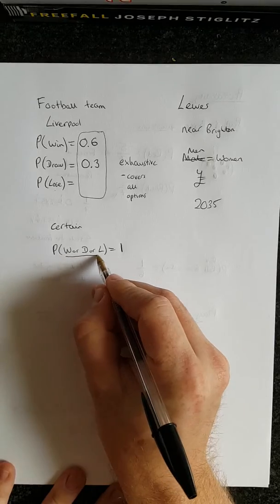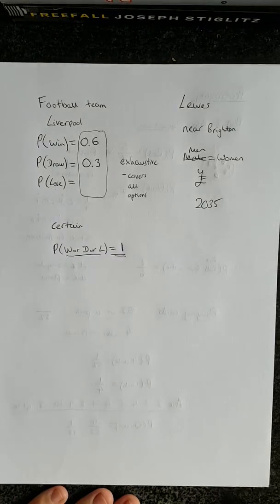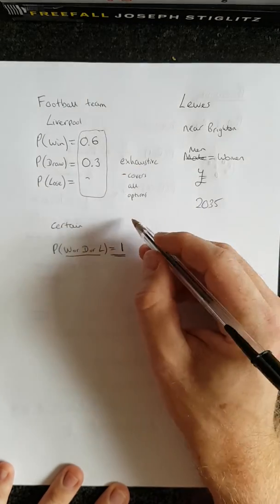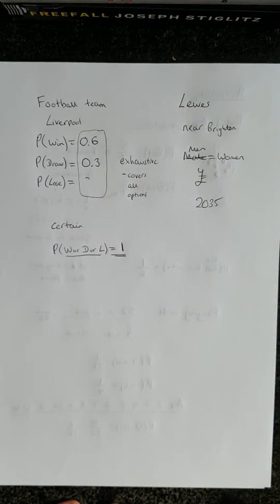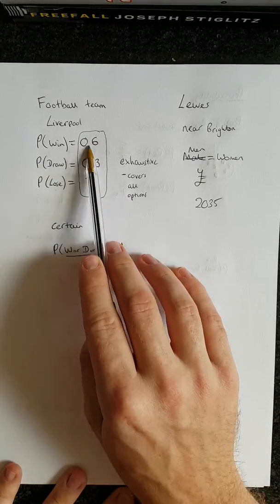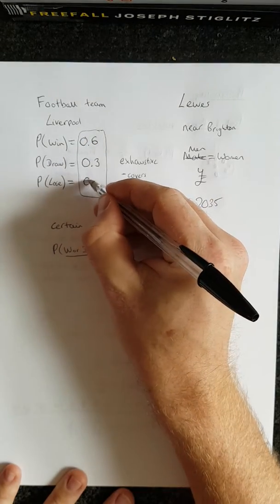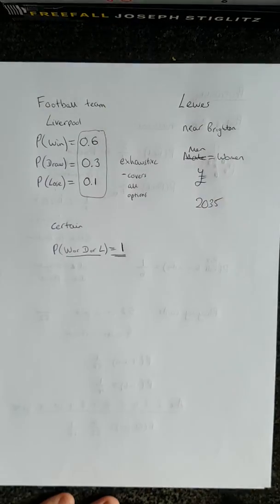And all 3 of them add up to 1. So this last one would then be what? Well, that's 0.9. So the last one is 0.1.